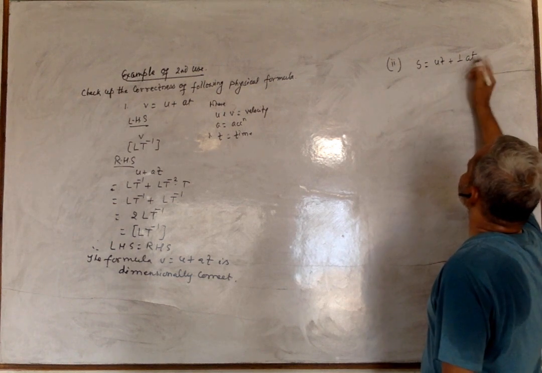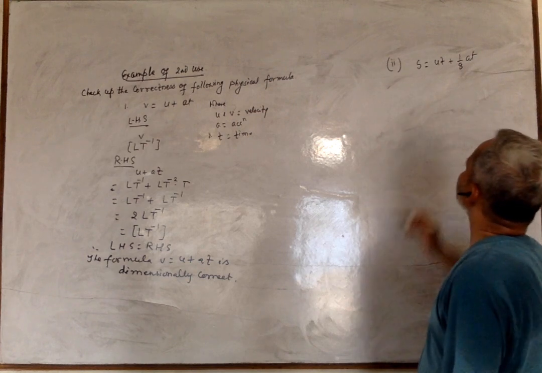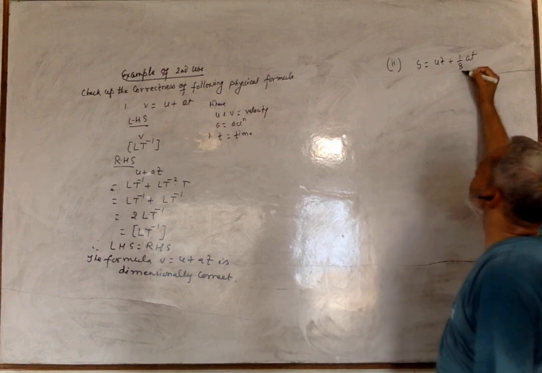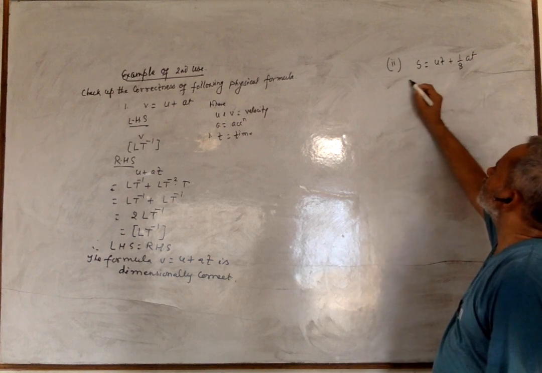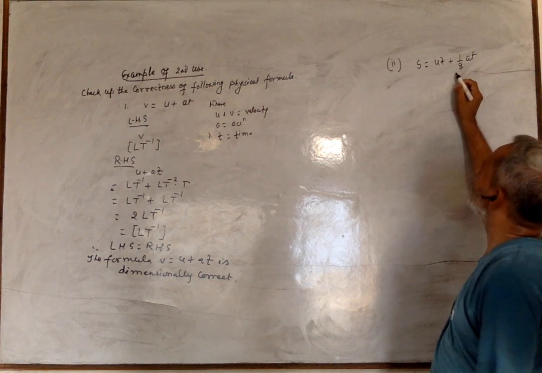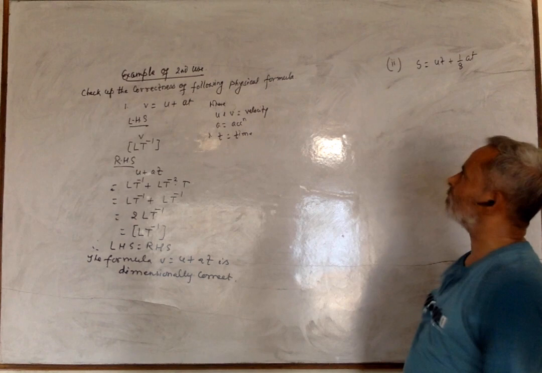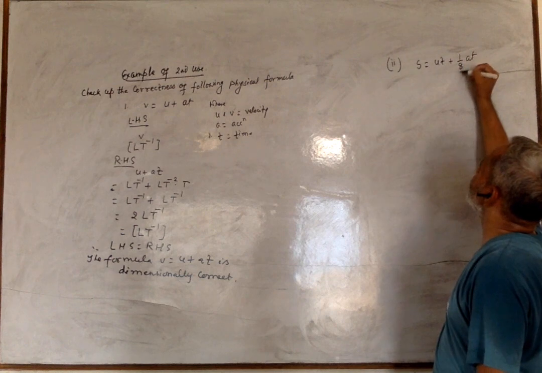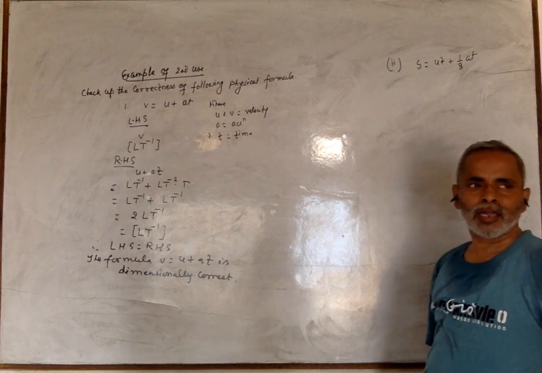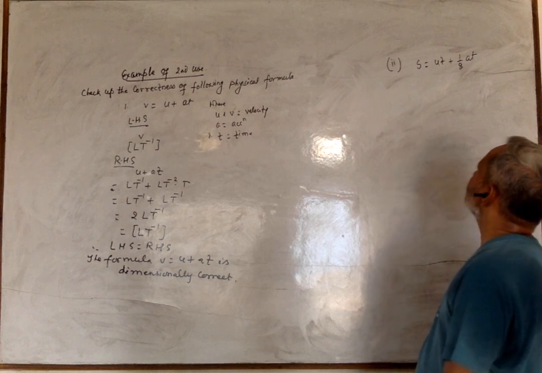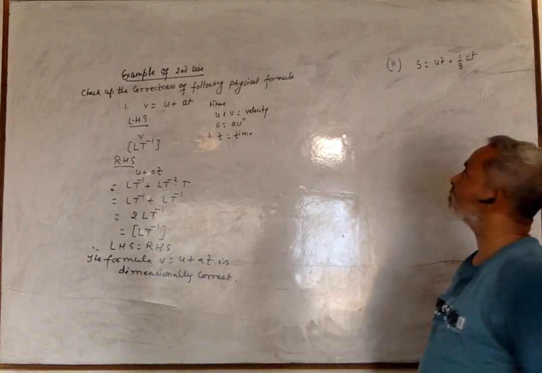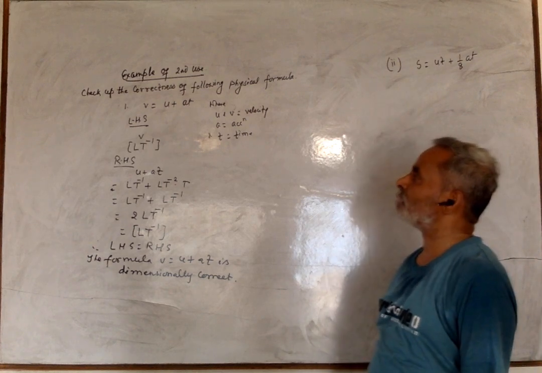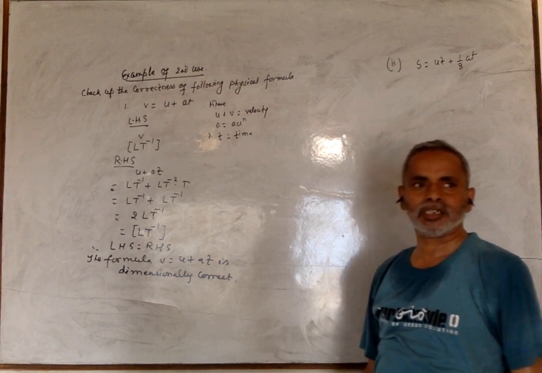If we put 1 by 8 in place of half, then the dimensions of both sides are still the same. Although dimensionally correct, this formula is mathematically wrong. Therefore, it is not necessary that if a formula is dimensionally correct, then it is mathematically correct.